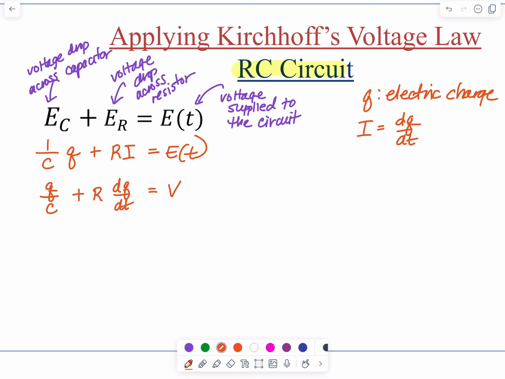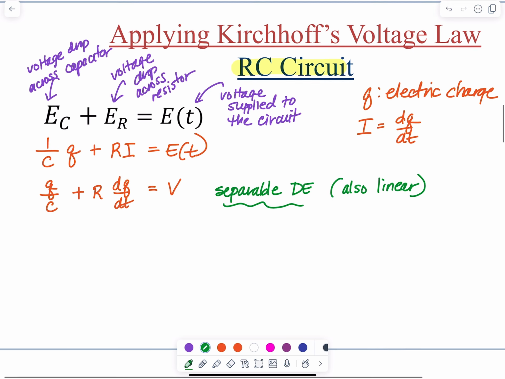Okay, so let's keep going, and we'll go ahead and solve this. This is a separable DE. It's also linear, and it can be solved. But let's go ahead and use separation of variables.